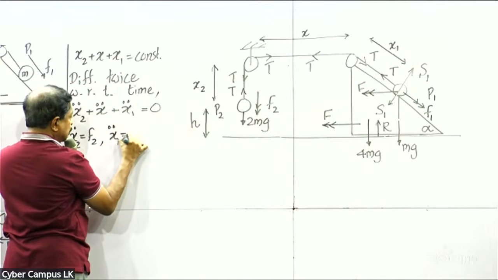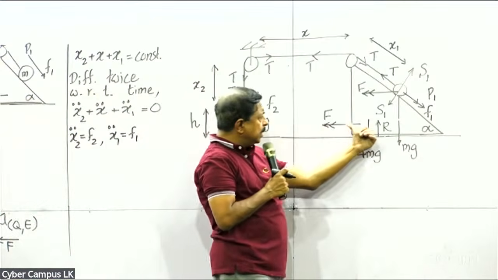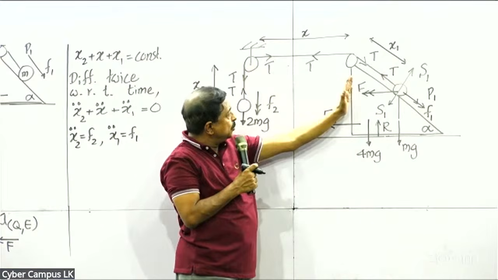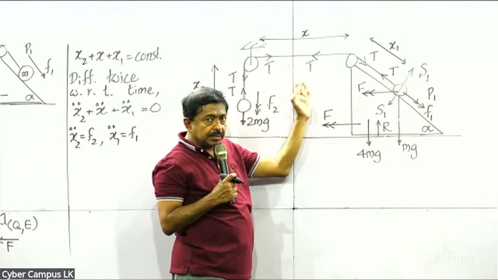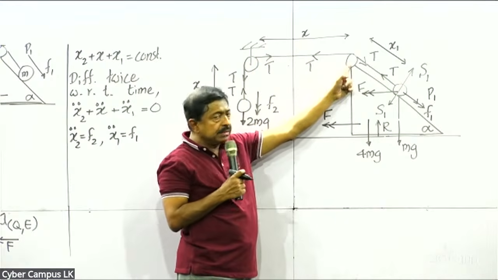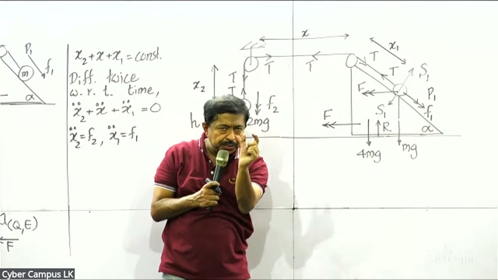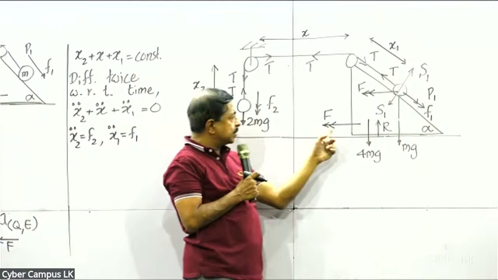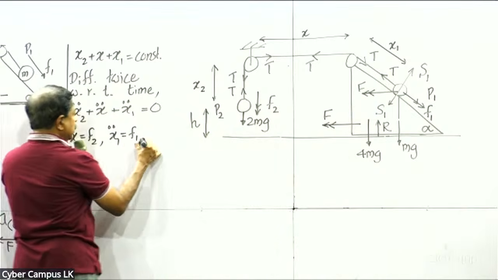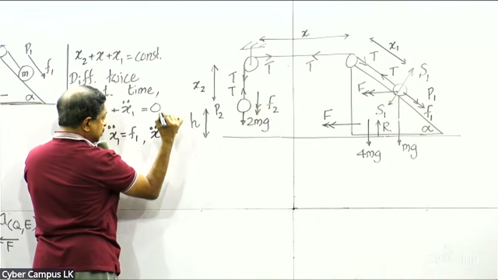So it has a positive relationship. However, with the indicated direction of capital F, this is moving closer to the pulley. That means X, the distance between these two pulleys, will be reduced. So with the indicated direction, simple X will be reduced. So that has a negative relationship.